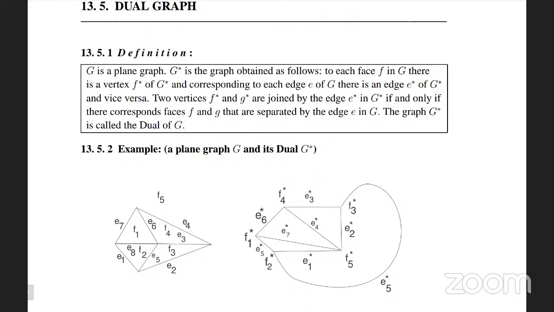We say that graph G star is a dual of G if it satisfies the condition that vertices are joined by the edges E star in G star.